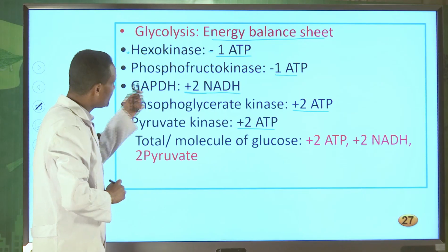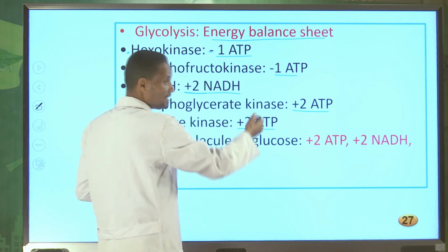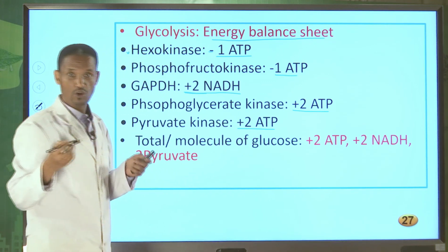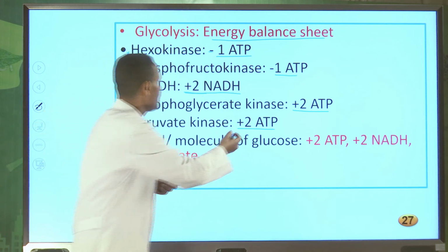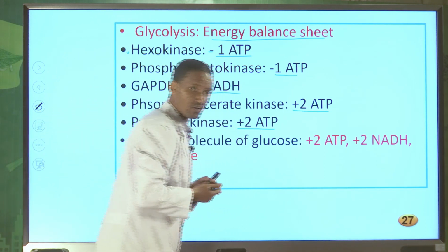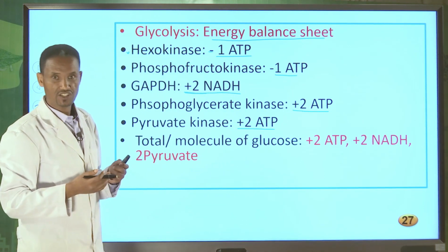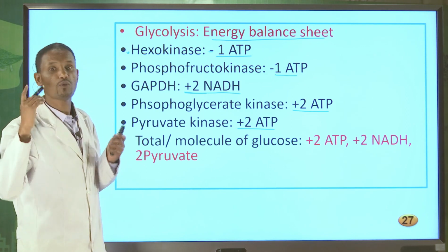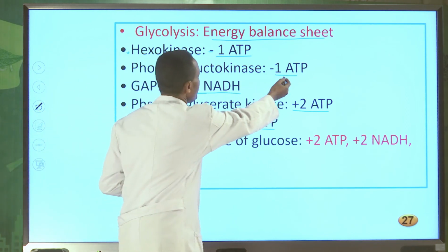Now, in total, how much ATP is gained in the process of glycolysis? It is 2 plus 2, which is 4 ATP gained. But in the process, the cell consumes 2 molecules of ATP, minus 1 and minus 1.